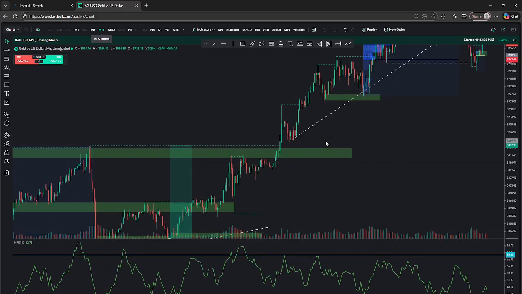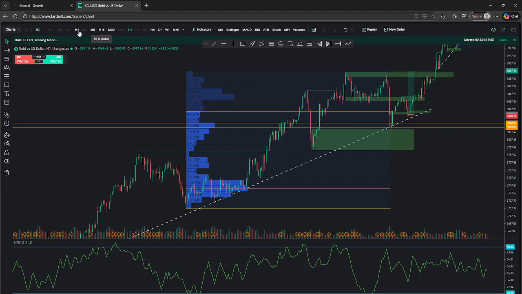Let's make sure on 15 the market is still relaxed.